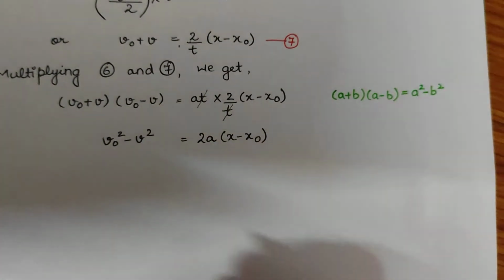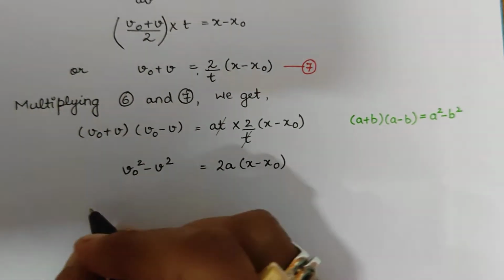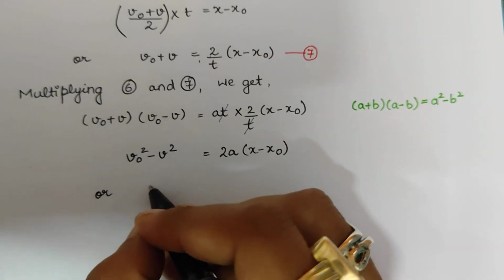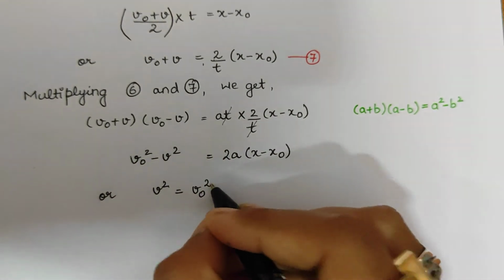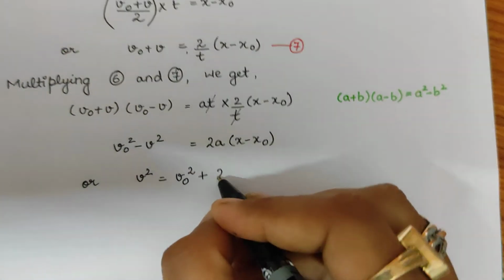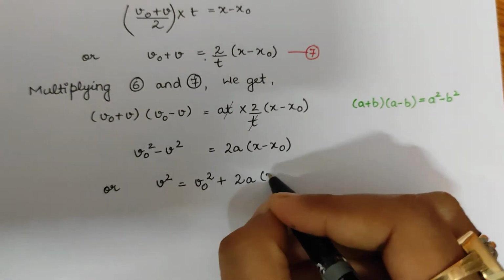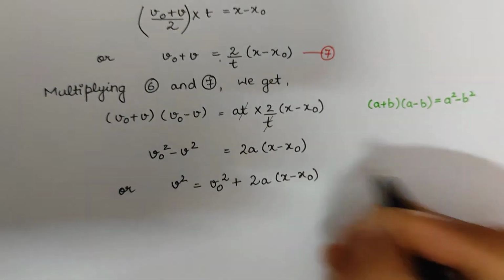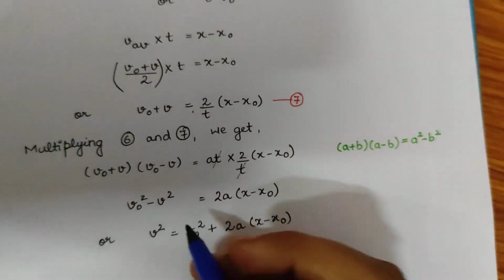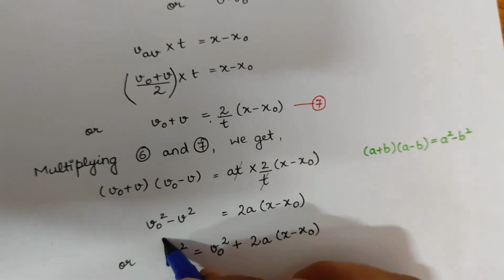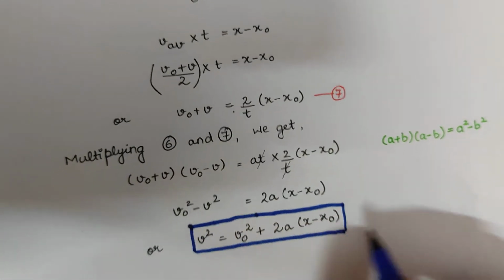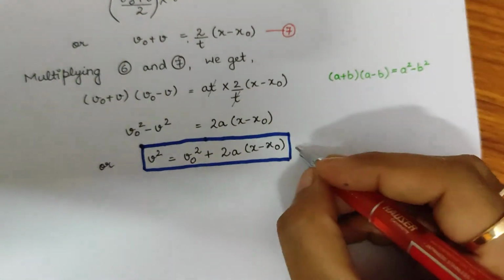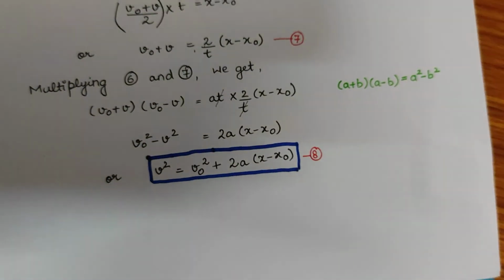If we rearrange this, we get v square is equal to v naught square plus 2a x minus x naught. We will mark this as equation 8.